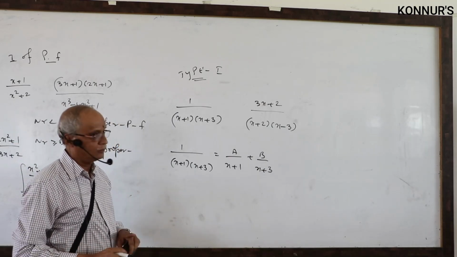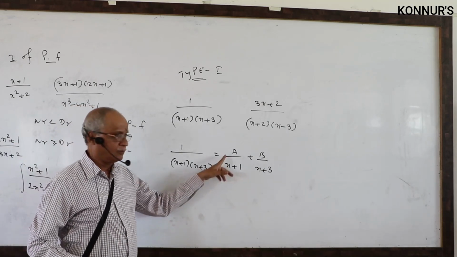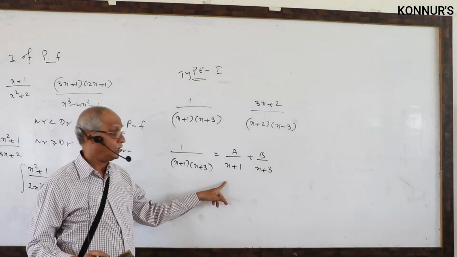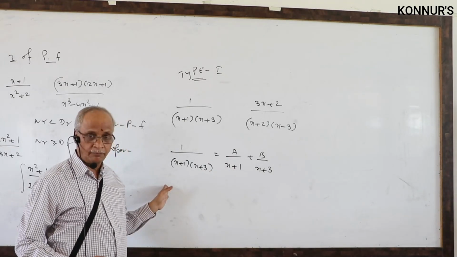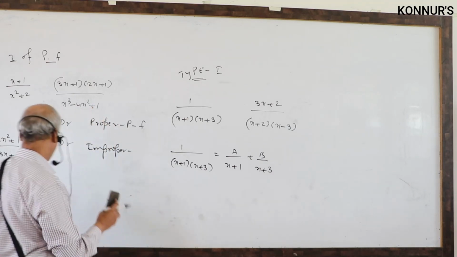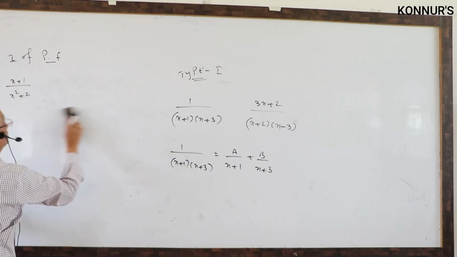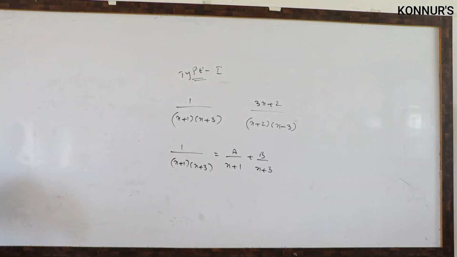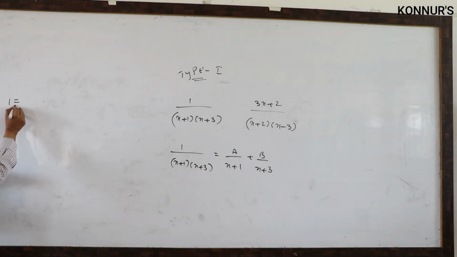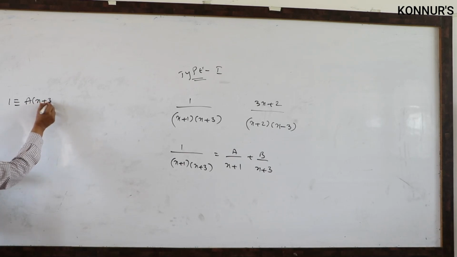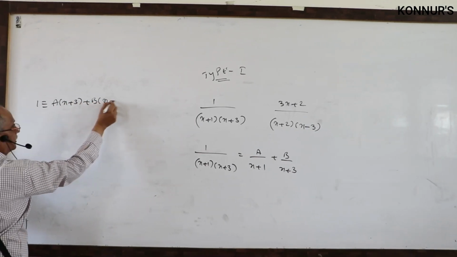You are already aware of the PUC method. What is the PUC method? You have to cross multiply. After cross multiplying, 1 is equal to a into x plus 3, b into x plus 1.